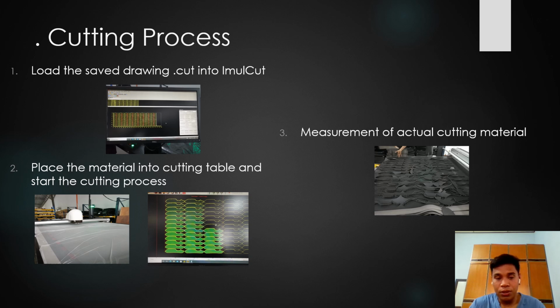Next, we go for the cutting process, which is we need to load the saved drawing, the cut file, into ImuCut server that is linked to the cutting system, and then we place the material into the cutting table, and we start the homing of the machine. We set the origin of cutting and then start the cutting process. The green one in the picture is the machine that has cut the pattern.